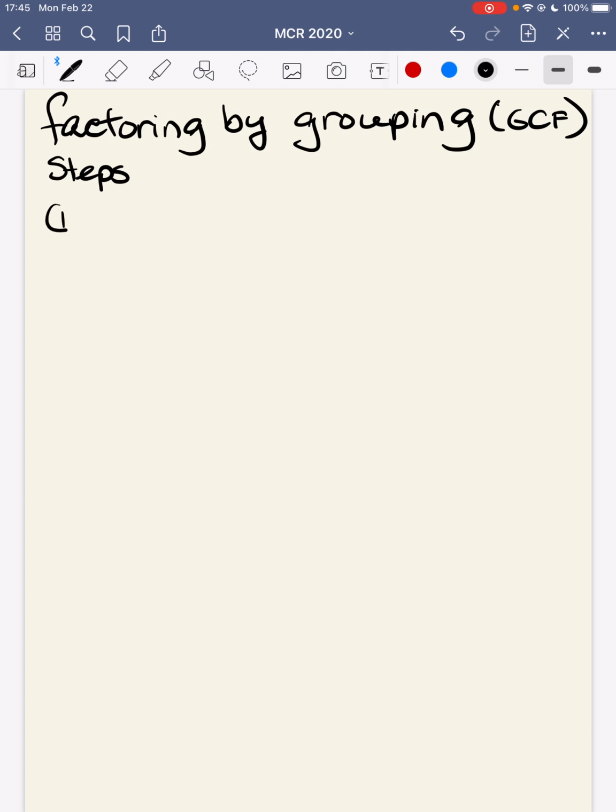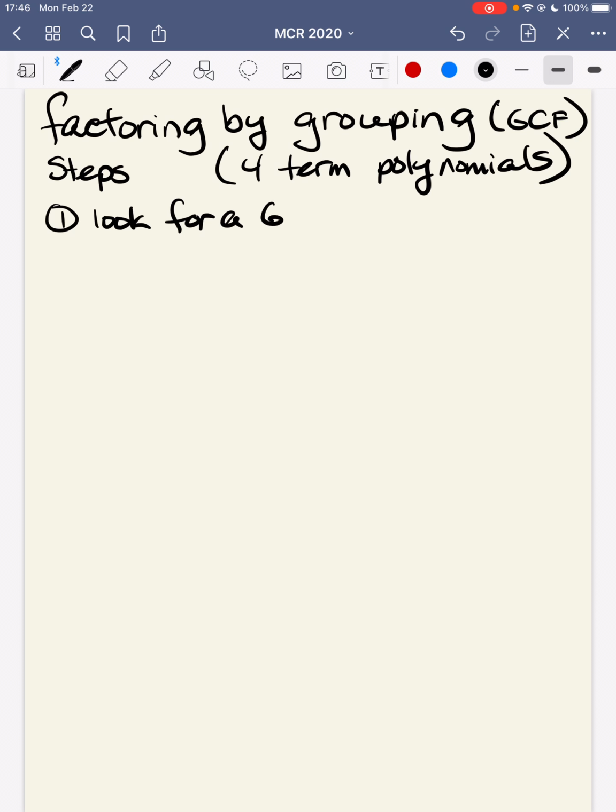Step 1, these are also going to be 4-term polynomials. I should mention that. These are always going to be 4-term polynomials. So our step 1 is to look for a GCF for all 4 terms.